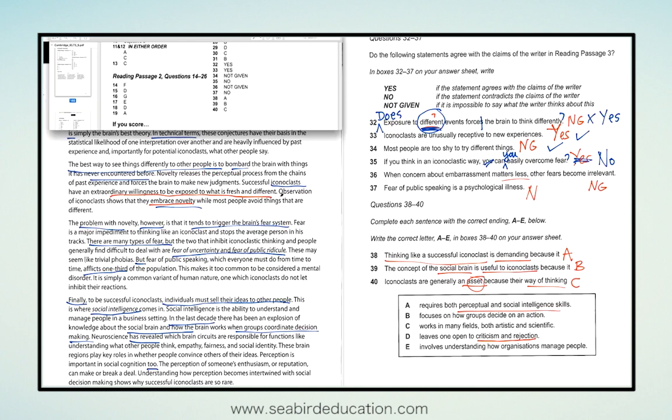Oh, I don't know. Again, number 35, if you can find the place where this is correct, where no is the actual answer, please leave it in the comments. Thank you. 36, not given, and 37, no. And A, B, and C.